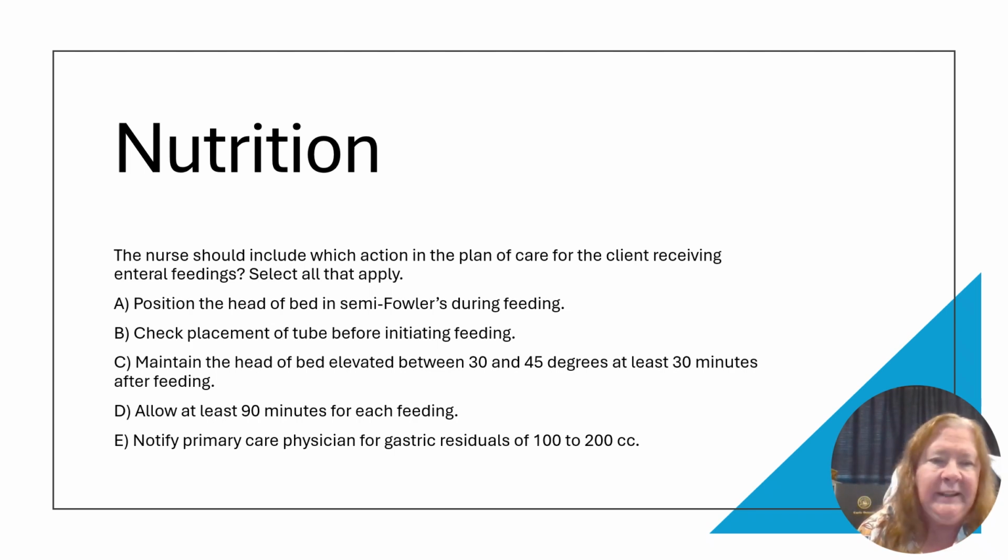And letter E is not correct because that's a normal amount of gastric residual. Normal or safe gastric residual volume, or GRV, is generally less than 500 cc's or milliliters. So that's a normal range. So your answers are B and C on this one.